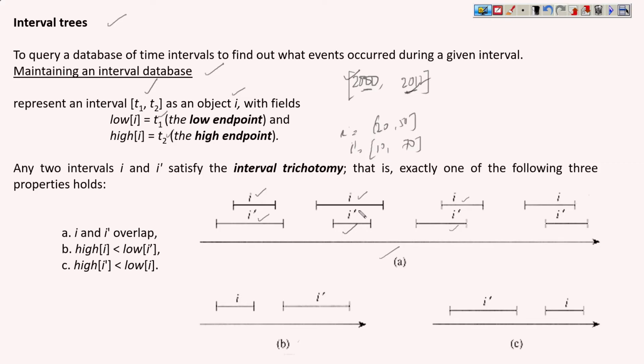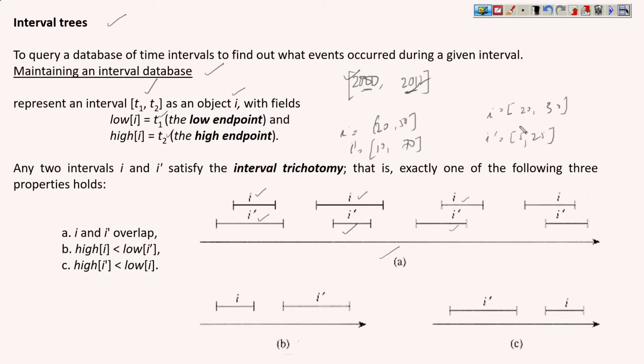Similarly, this is the reverse scenario. Here I and I dash are represented like this: I may represent the interval 20 to 30, and I dash may represent 5 to 25. You can see that the high end of I dash is more than the low end of I, and the low end of I is more than the low end of I dash.